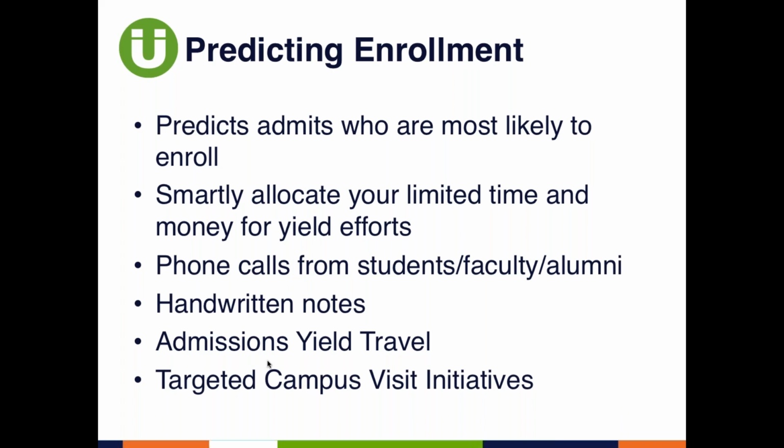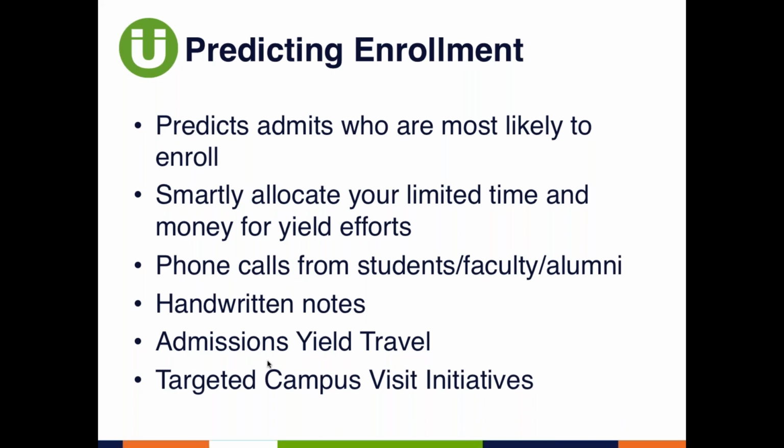These are things that our schools actually do. Handwritten notes, admissions yield travel, or targeted campus visit initiatives. Some schools offer things like free airfare to come visit their school, but obviously you can't offer that to everybody. So this tells you which students you should be targeting that toward.